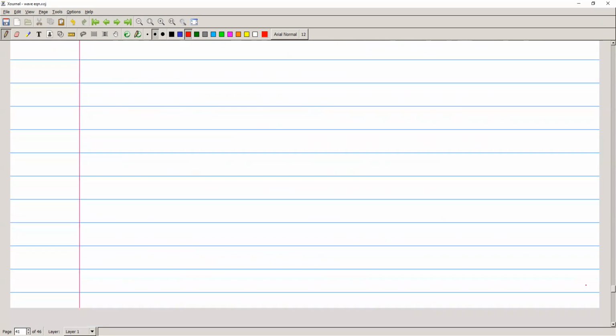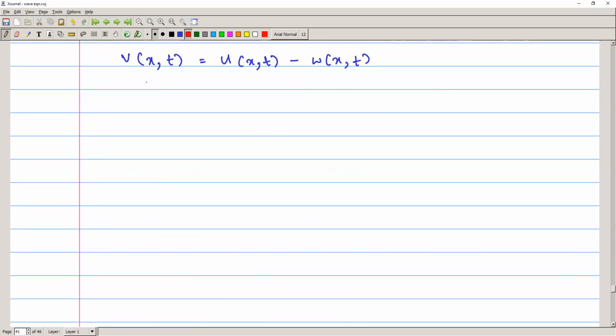Then we know that once we have the value of w(x, t), that is some function of x comma t, we simply have to formulate v(x, t), which is equal to u(x, t) minus w(x, t).